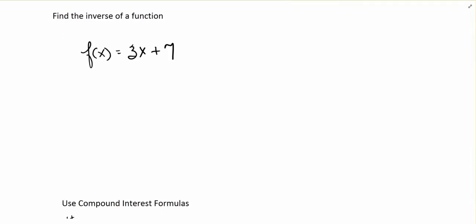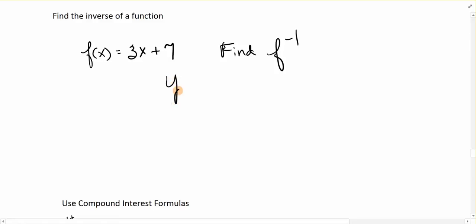So the question would just say, find f inverse. That's the terminology that you would see, f with a -1 up there. The first step is write it as y instead of f of x. So you would write y equals 3x plus 7. Then you switch the x and the y, so you have x equals 3y plus 7.